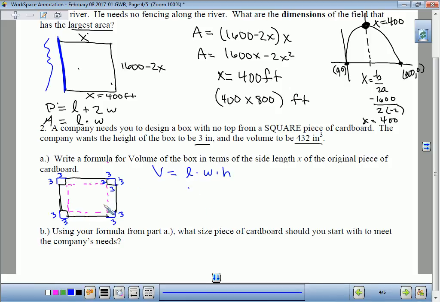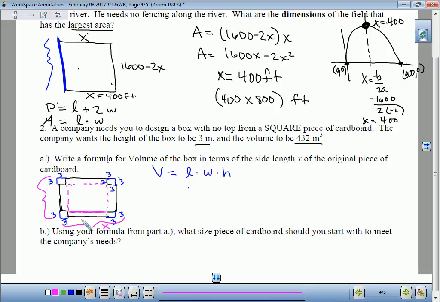Okay, so because we do not know this dimension, we have to use a variable. X is my favorite. But this is really the dimension that matters, because that becomes the length when I cut this and this out.